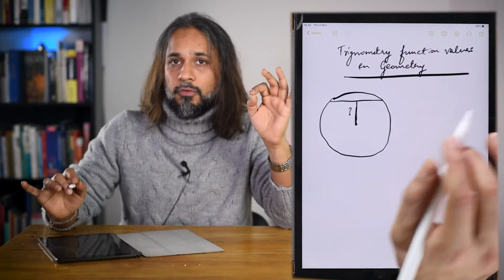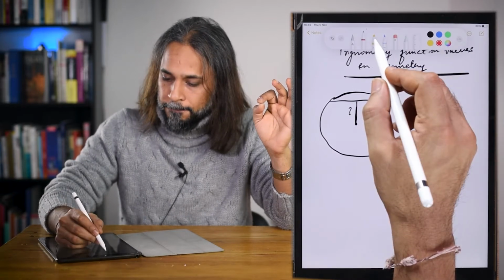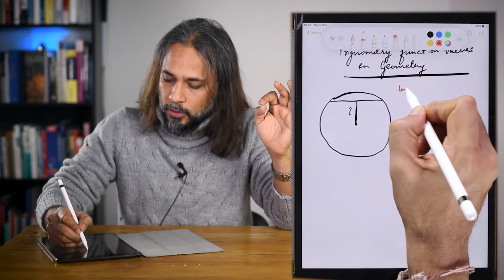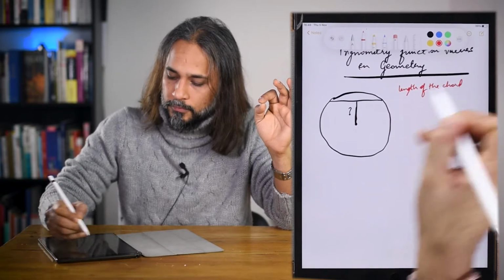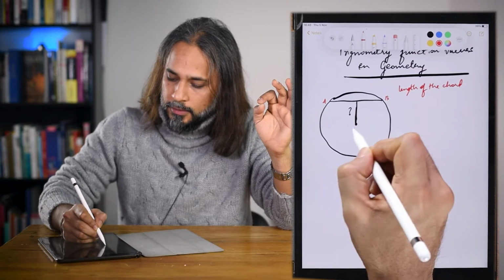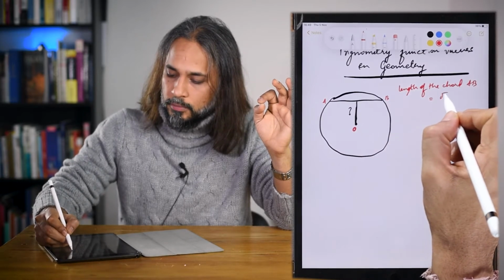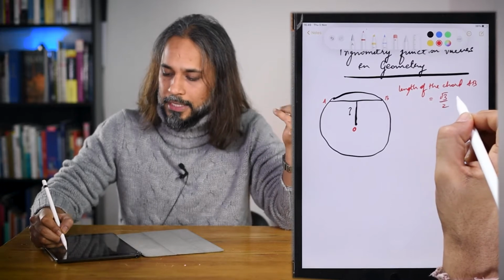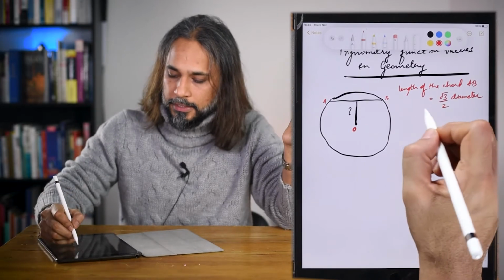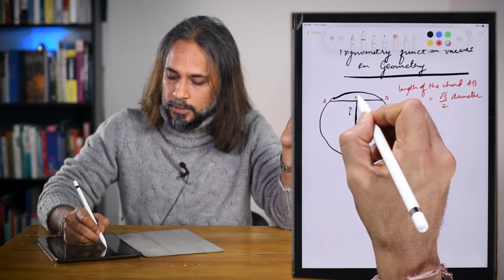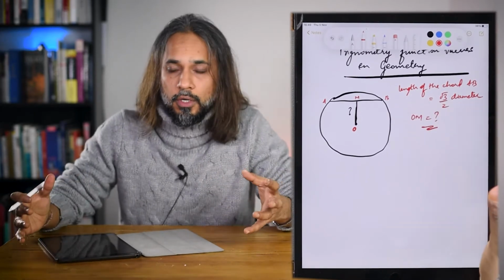The information given to us is only that the length of the chord, let's say AB, is root 3 by 2 times the diameter. That's all. They are asking what is OM, the distance of the chord from the center.